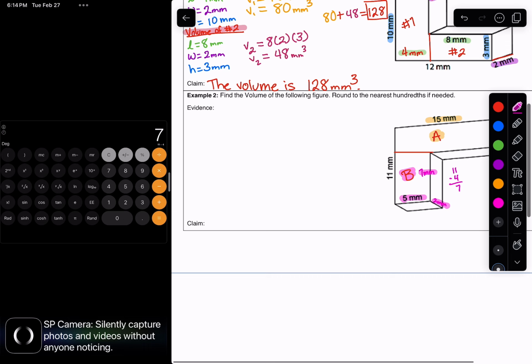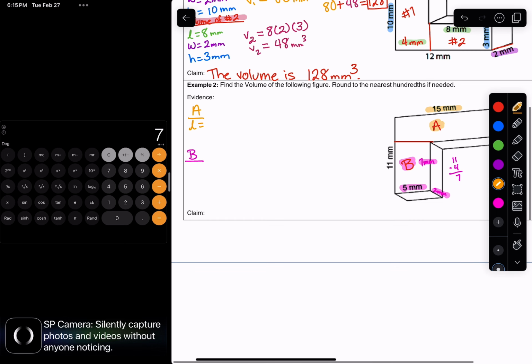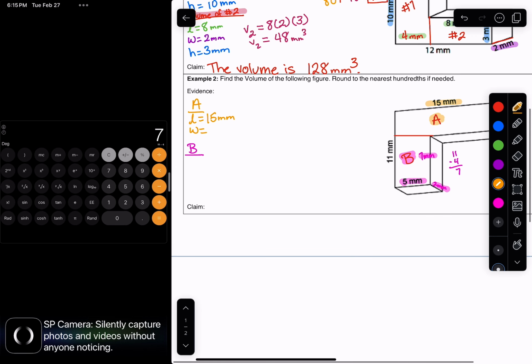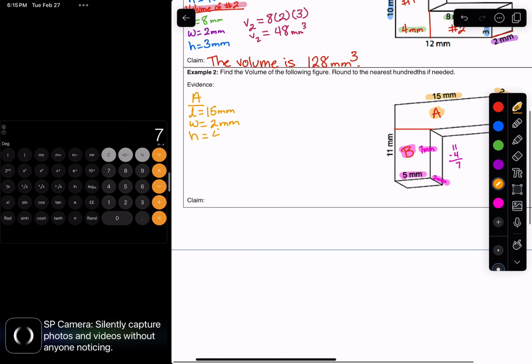Okay, so again, we're going to do volume of A, then volume of B. My length is 15 millimeters. My width is 2 millimeters. And my height is 4 millimeters. Okay.